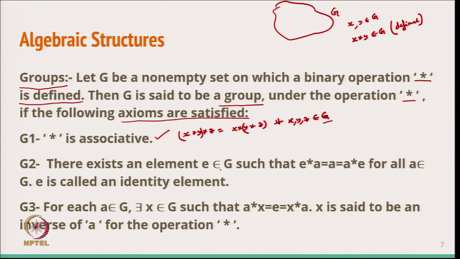Then there exists an element E belonging to G such that E star A is equal to A, and that is also equal to A star E, and this is true for all elements A belonging to G, and in this case my E is called an identity element.